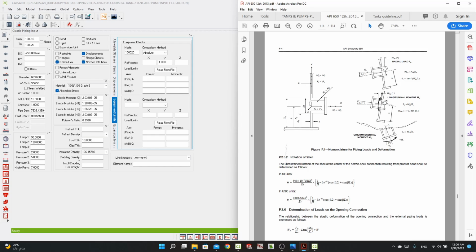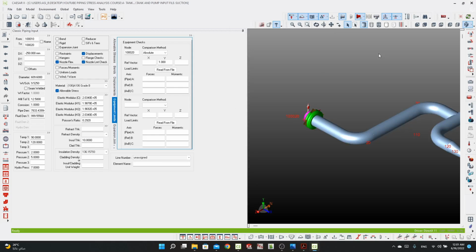For example, you'll find that this calculation is taken on the shell of the tank, not the top of the nozzle of the tank, and they consider this as X, the circumferential force as Z, and the longitudinal force as Y. So luckily we are using the same coordinates, but in some cases we are using different coordinates, so we need to take care of this and shift the equipment coordinates based on the global coordinates of our model. I will explain this more when we go to the pumps and the tanks. We will face it one time, more or less.